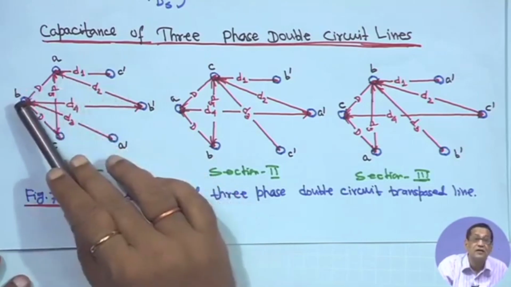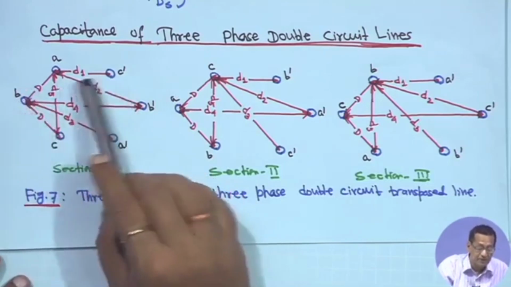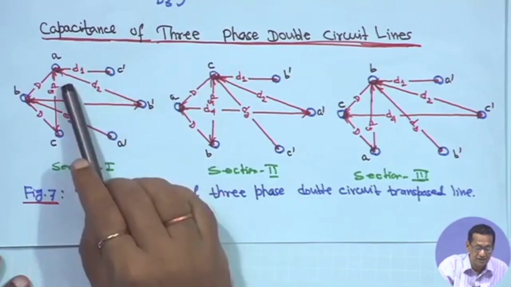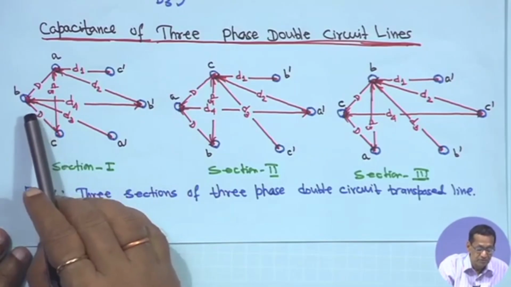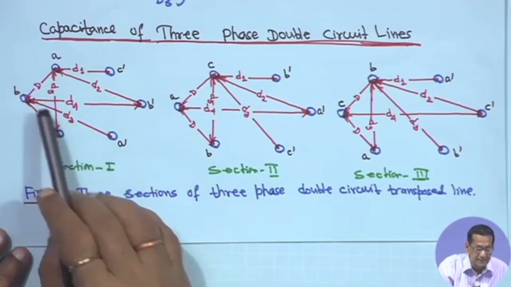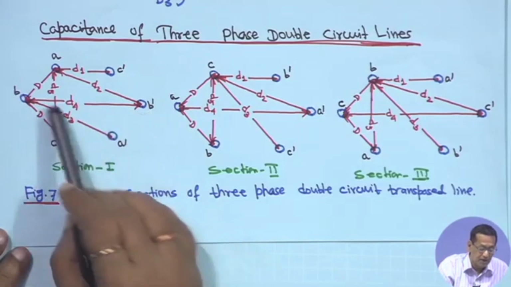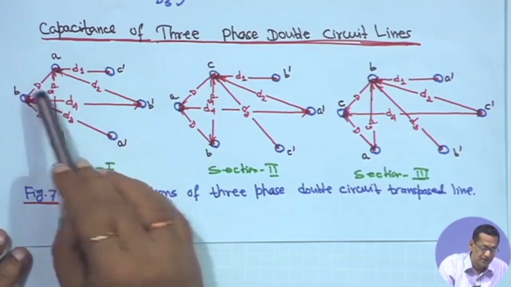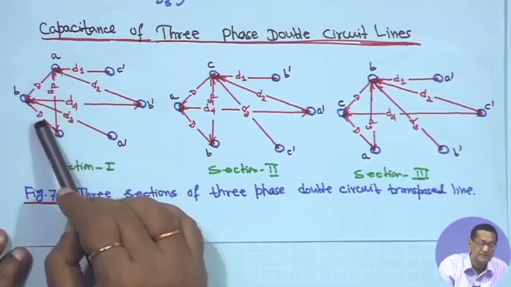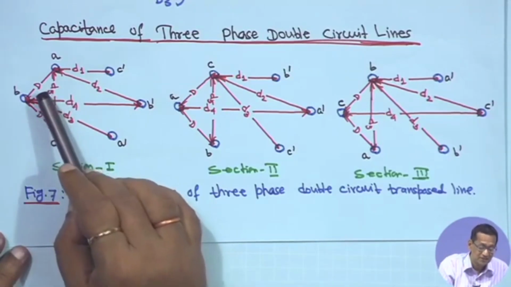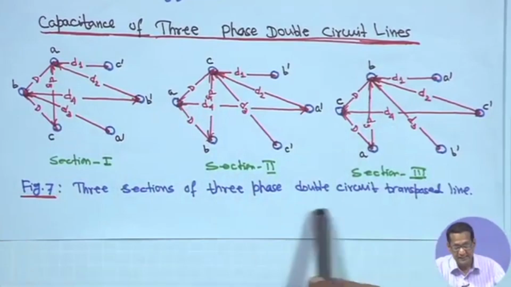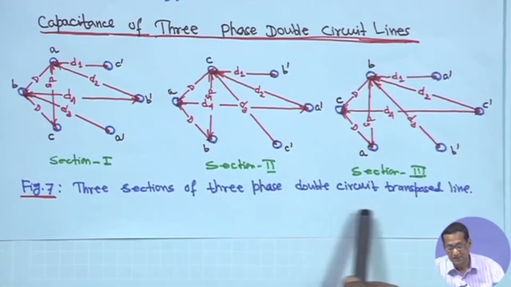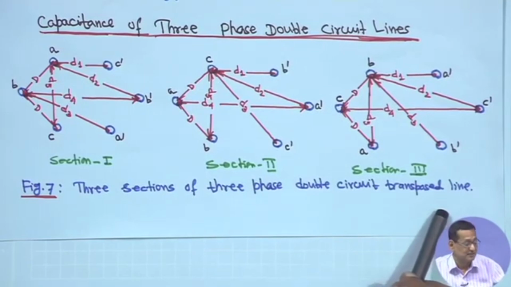Earlier I have given that A to C dash is D1, A to B dash is D2, B to A dash is D3 and B to B dash is D4, and A to B and B to C distance is equal from the symmetry. So, this is D, same everywhere. These are the 3 sections of your 3-phase double circuit transposed line.